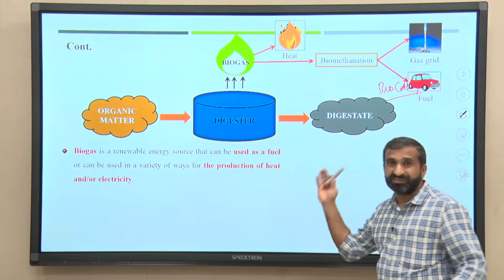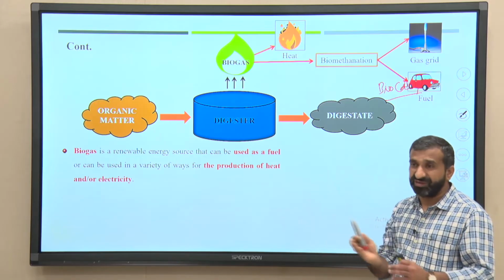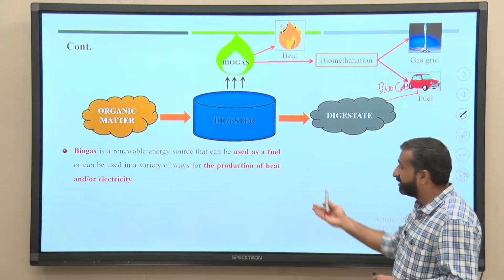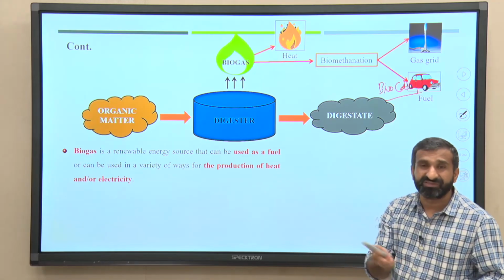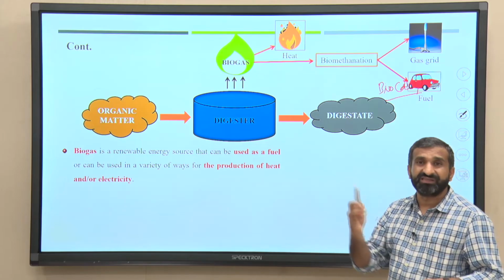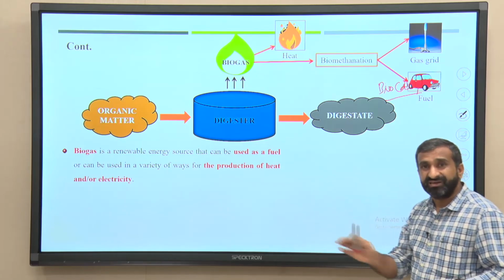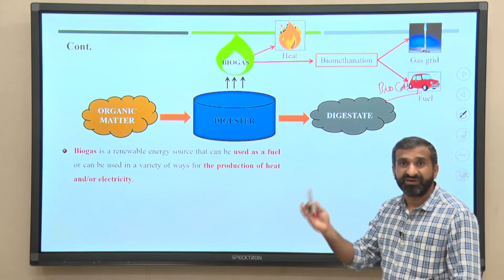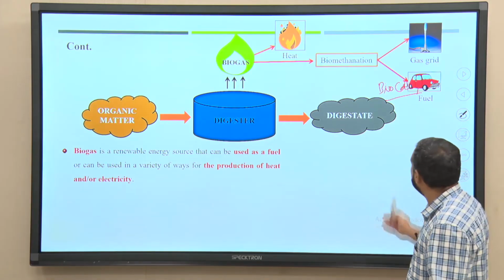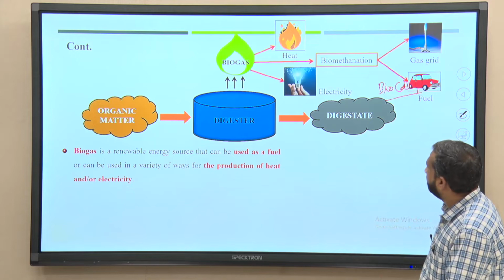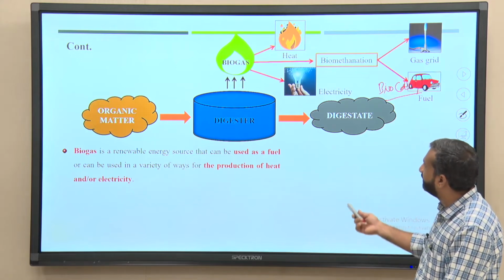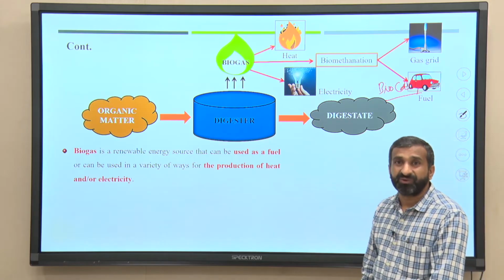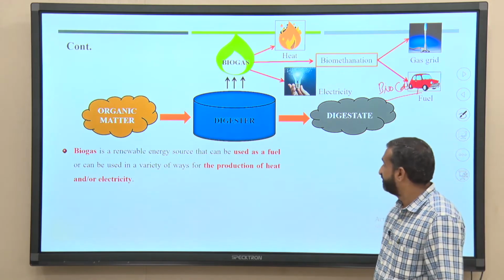Through biogas also, if you are able to remove the carbon dioxide and other gases like hydrogen sulphide, hydrogen or ammonia, you can come up with a methane percentage of 95 to 98%, which can also be used as a fuel. The same biogas can also be used for electricity or power production.